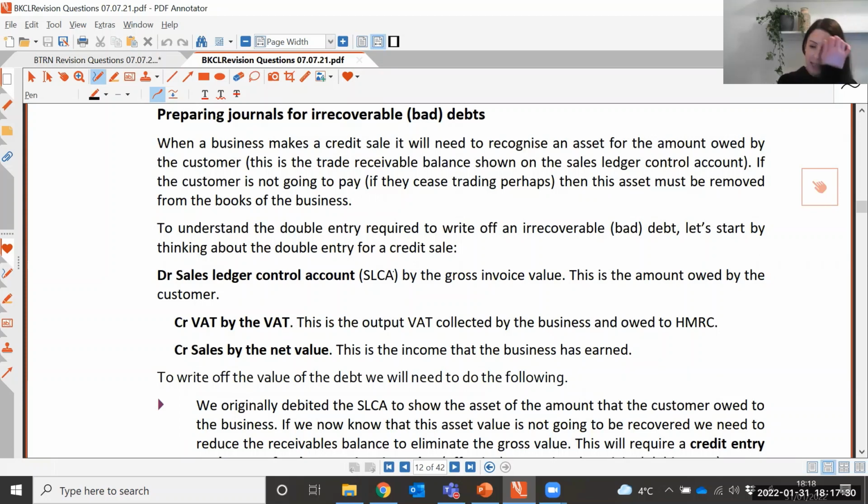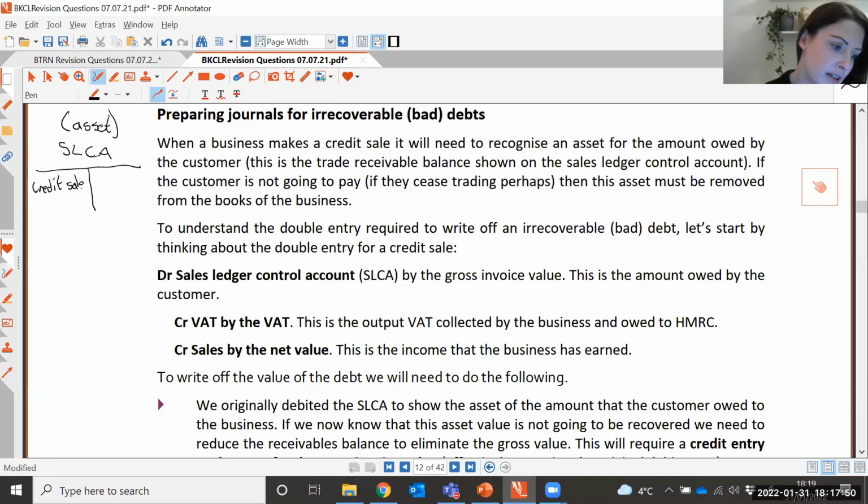So remember, when we make a sale, the sales ledger control account is an asset account. So when we make a credit sale, it will be entered into the debit side of the sales ledger control account in order to increase the asset, or increase the amount that the credit customer owes us, or the trade receivable.